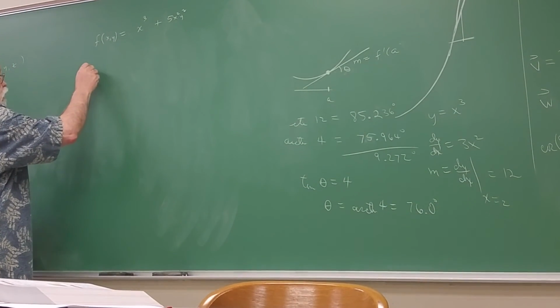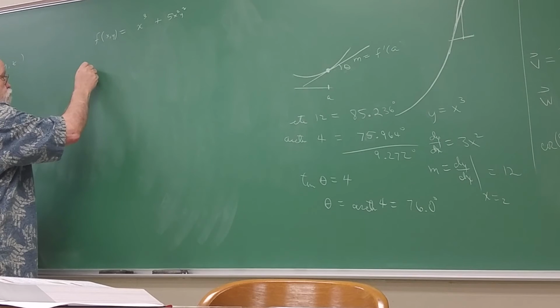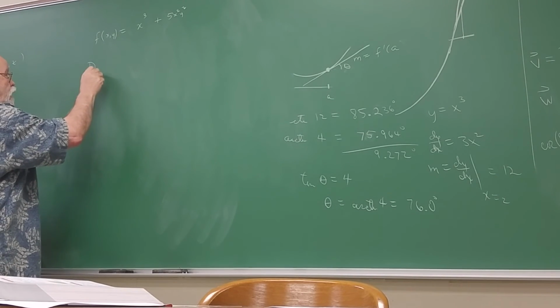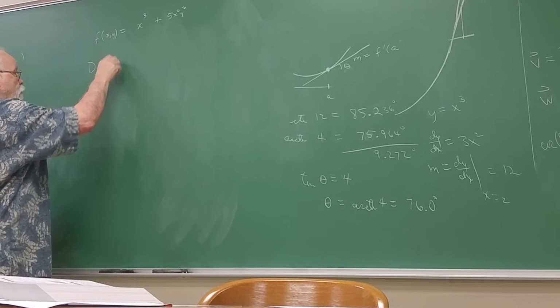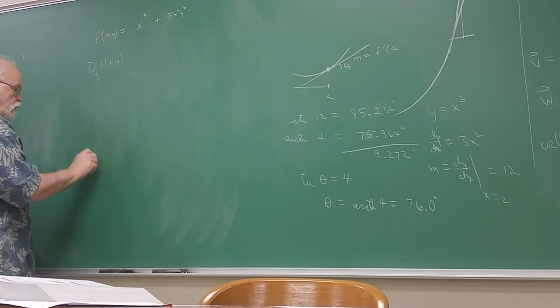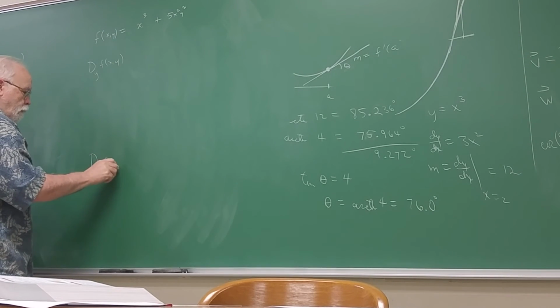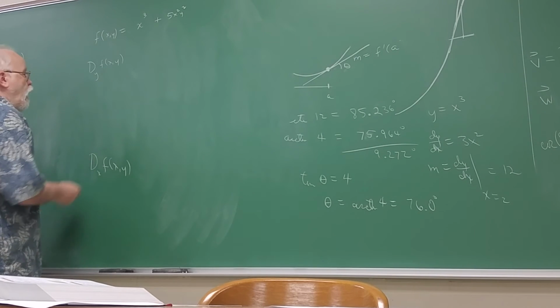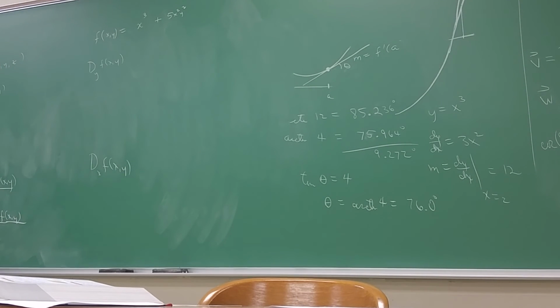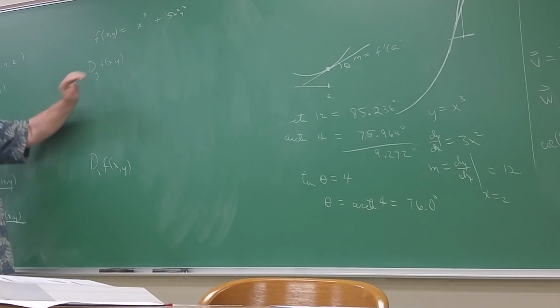And I want to calculate both d sub y f of x,y and d sub x f of x,y. I could first just do one where it's all constants. I could take d sub y f of 3 comma 4 or something like that. But we're not going to get that up close and personal with all these limits, so I'm just going to do the generic example.